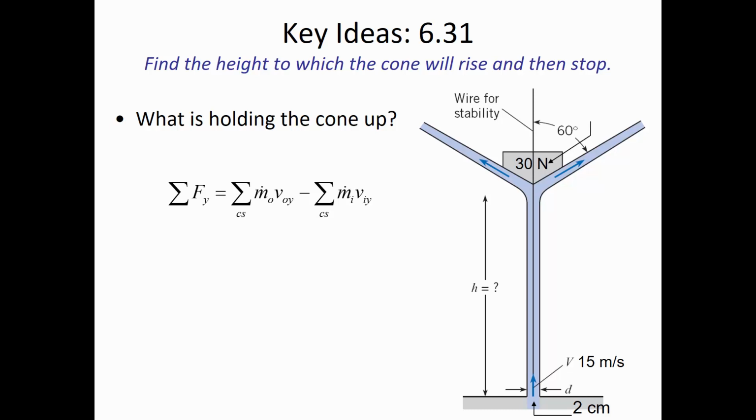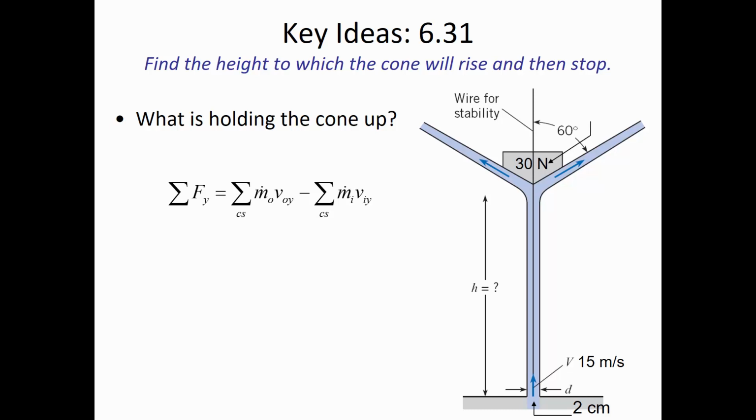So what we have to do is decide where that's going to be. We want to draw the control surface so that enclosed inside the control volume is all the interesting stuff that's happening. So the flow out and the flow in have to be captured. Here's in, here's out, and if we draw the control circus, I'm going to call it a control circus from now on, so that here's the in and there's the out, then what we want to know is the mass flow rate in, the mass flow rate out, and the velocity in and out.